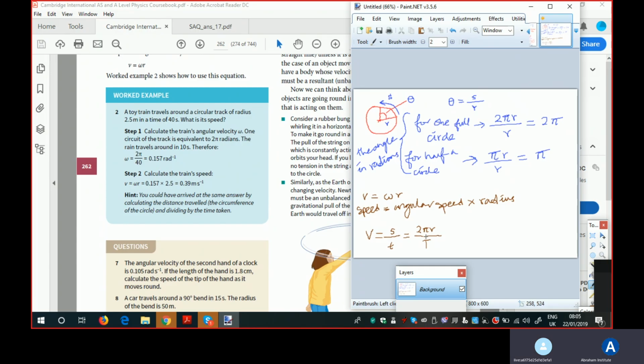So 2 pi r over T, you can see when you do that, 2 pi over T in this case is omega, and r is this, so v equals omega r.